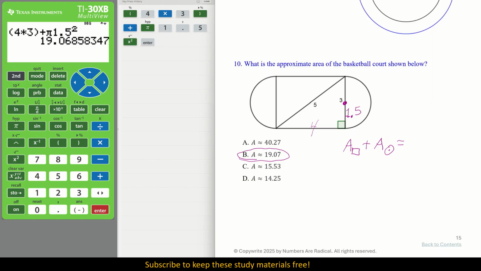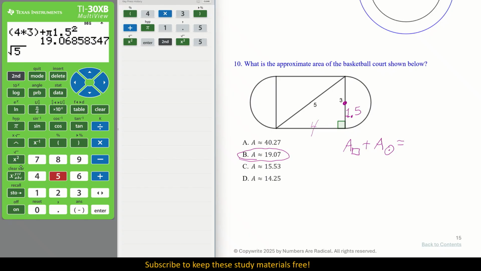So I'm going to go ahead and prove that to you. Second radical, I need 5 squared minus the 3 squared. Press enter. There you go. That's my missing leg. If you're not sure about that, just look it up. Look up information about those very popular primitive right triangles to help you out in future testing.